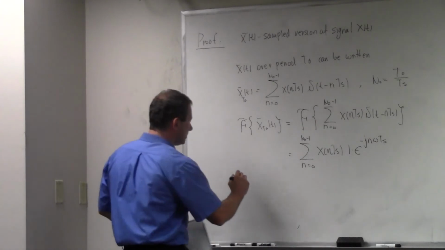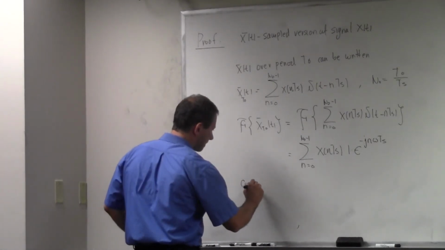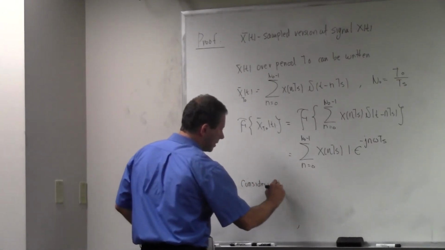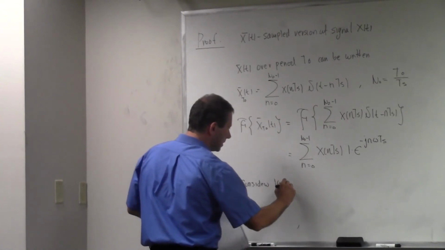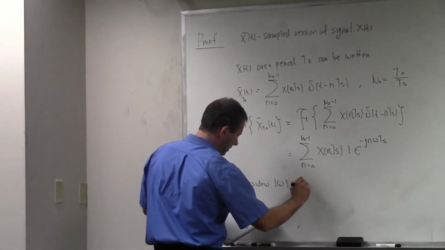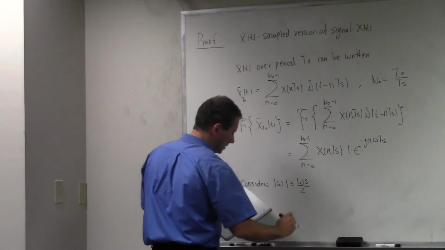So consider when omega is much smaller than omega s over 2.